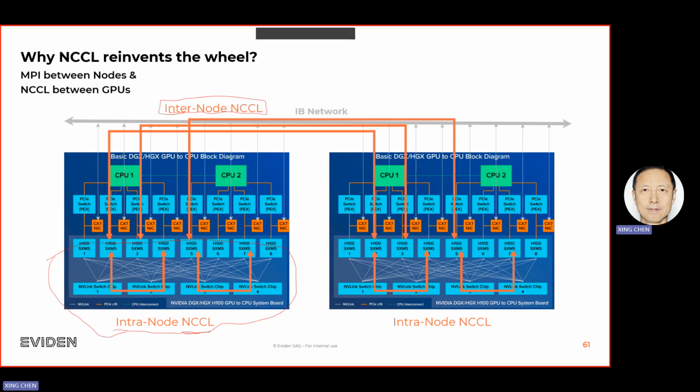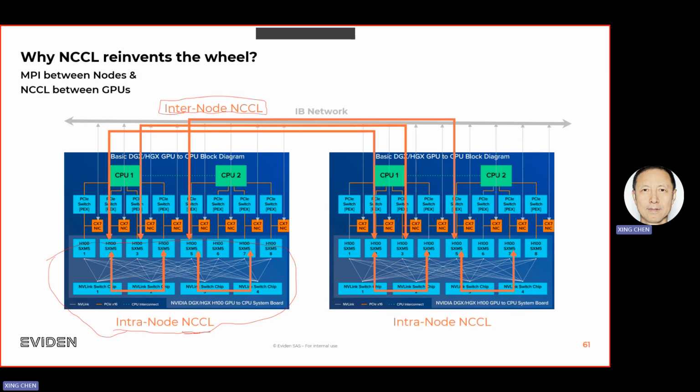It depends on the MPI library to function correctly. So it depends on the MPI. And NCCL is not doing all the communications. NCCL focuses on the collective communications, like reduce or gather. There is no point-to-point communication function call in the NCCL library.